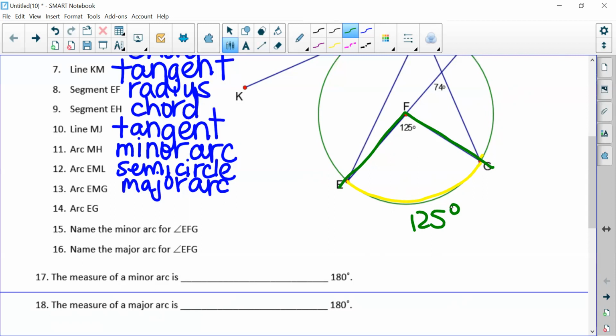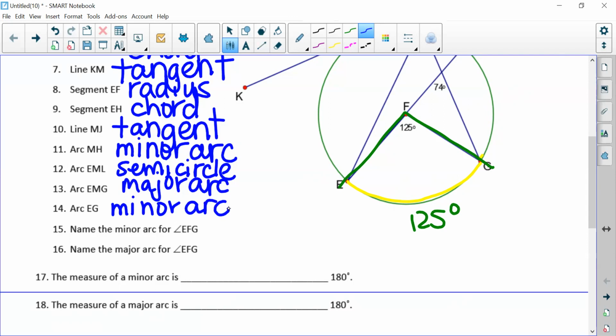Central angles and their intersected arcs have the same measure, AKA they're congruent. So since we know that the measure of arc EG is 125, we also know that arc EG is a minor arc because it has a measure that's less than 180 degrees, okay?